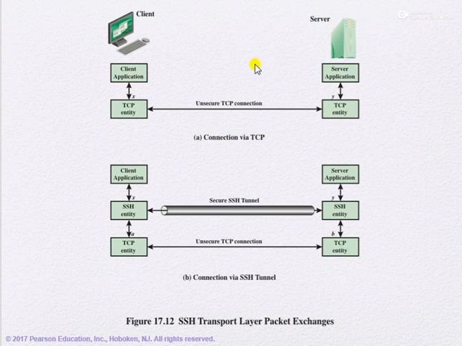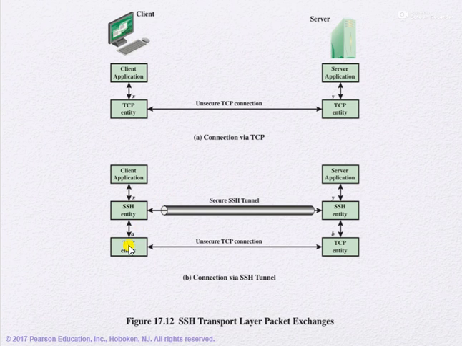But when we want to secure this connection through SSH, then SSH is configured so that the SSH transport layer protocol, as you now know, will establish a TCP connection between the same client and server. So when SSH is invoked on top of it, you have an unsecure connection already, and now we invoke SSH. When we invoke SSH, the SSH transport layer protocol also needs to establish a TCP connection between the same pair of client and server.